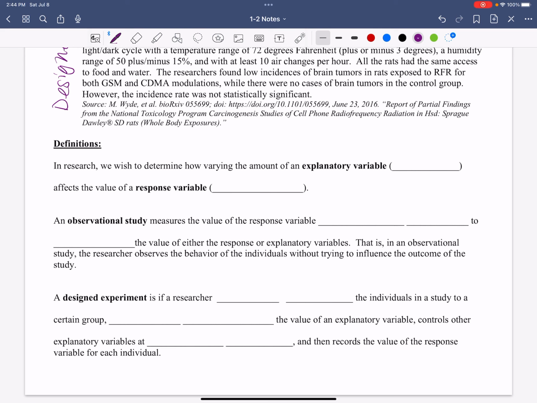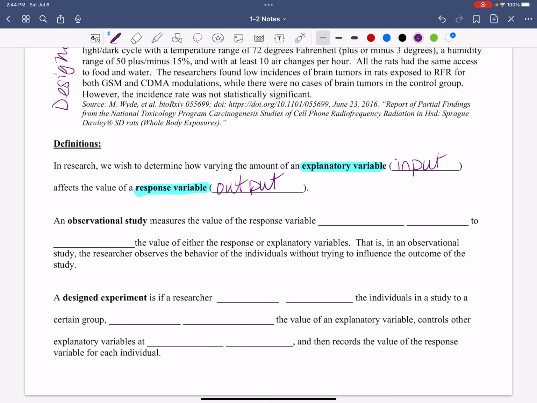Okay, so there's examples of both of these. Now let's talk about these variables. It's very important to have an explanatory variable and a response variable because you're going to have to identify what those are. So in research, we wish to determine how varying the amount of an explanatory variable, which is your input, affects the response variable, which is your output.